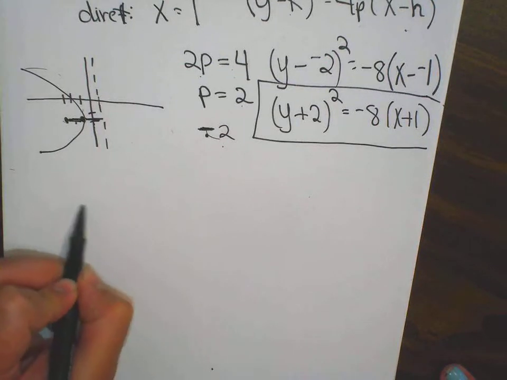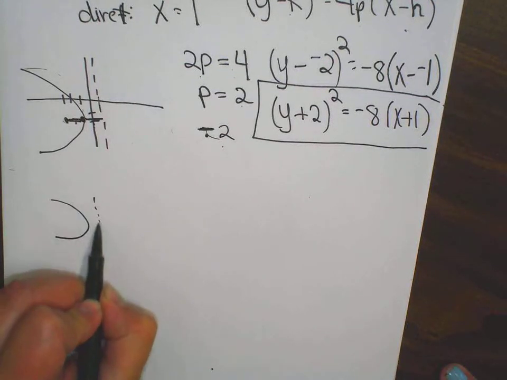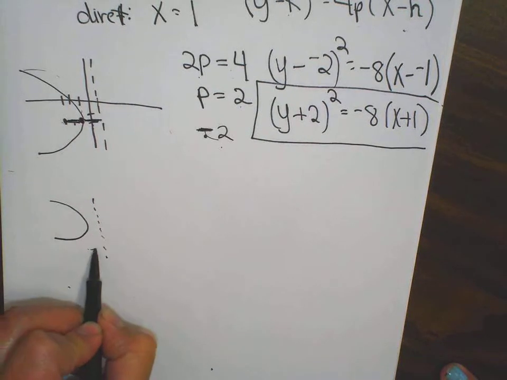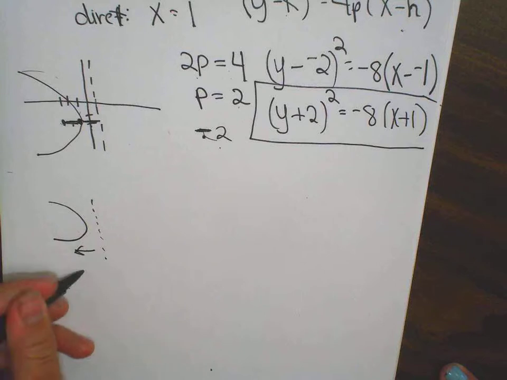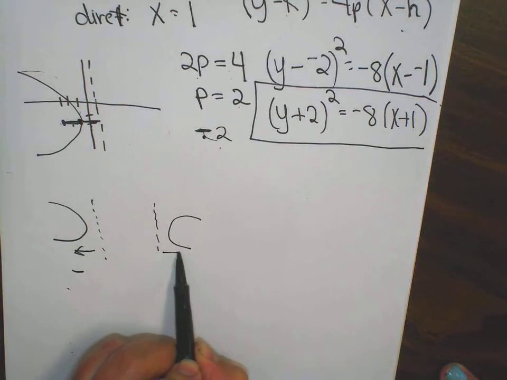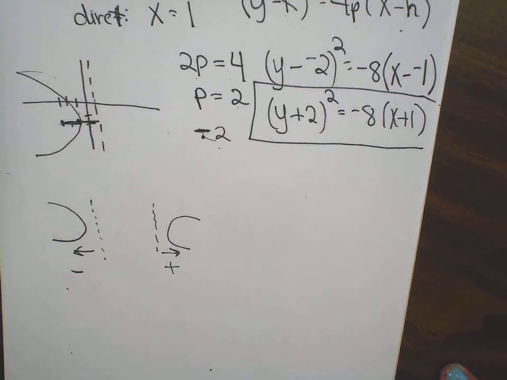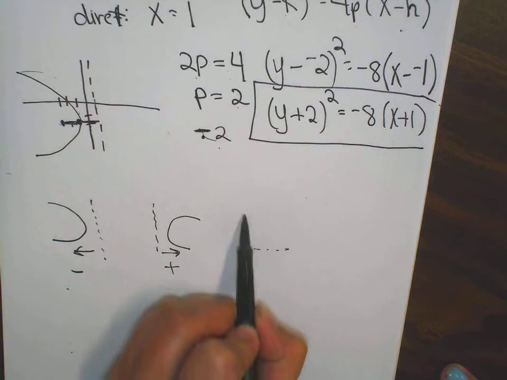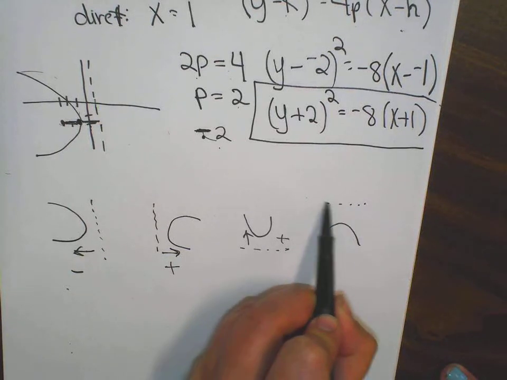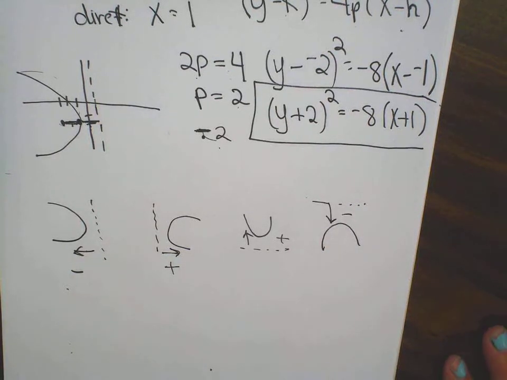If you're going from directrix to vertex and had to move in the negative direction, P is negative. If the parabola were opening the other way, which direction would I have to move? Positive. So P would be positive. Same for up and down. Yeah, you could look at it like that.